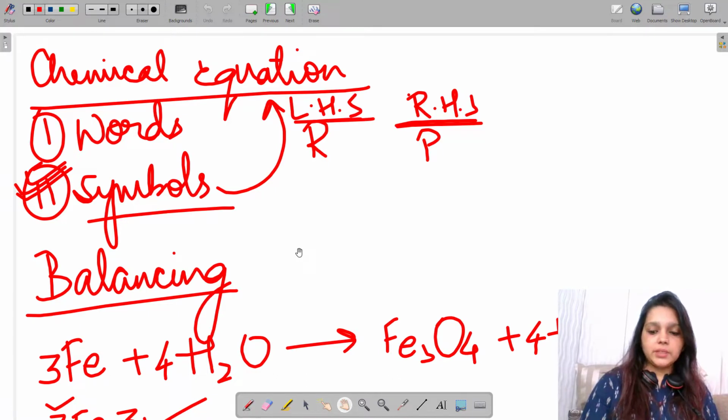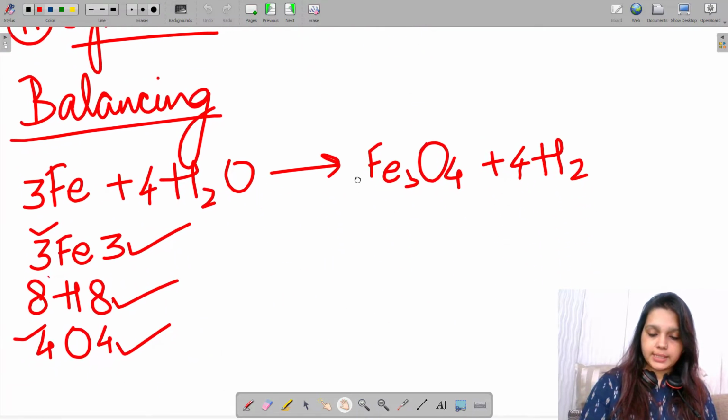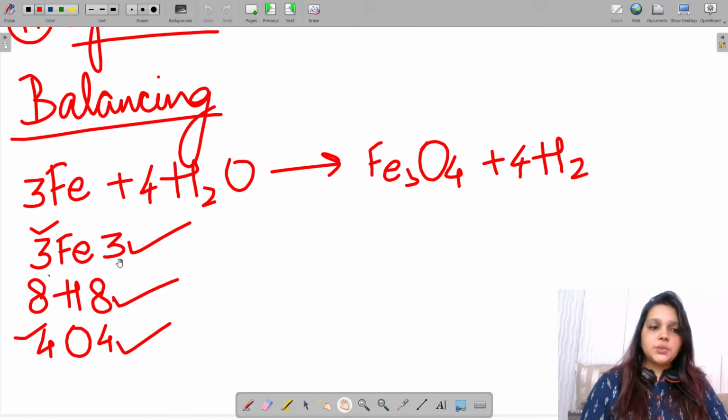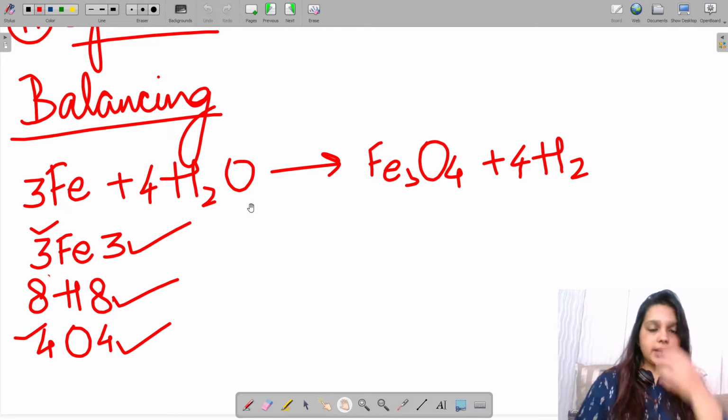Simple rule, left hand side will have the reactants and right hand side will have the products. Okay, we took the very first example of balancing a chemical equation. So we write all the elements that are in the reaction and we start from comparing the left hand side to the right hand side, keep on balancing together and together, and we saw two examples here.